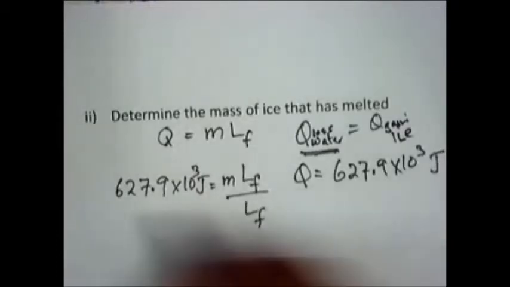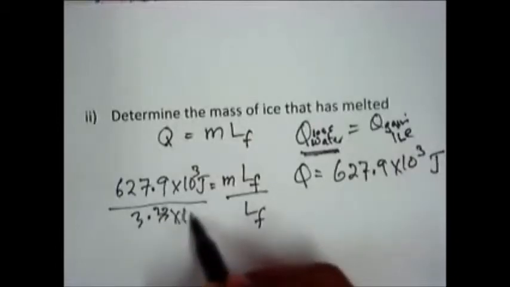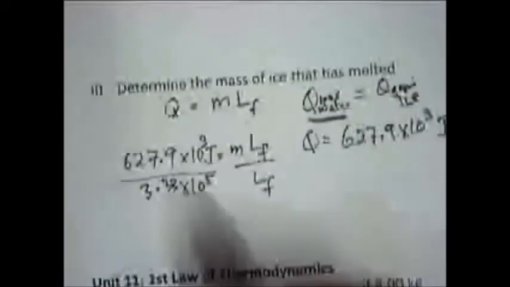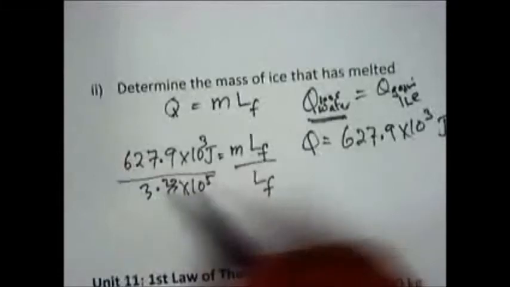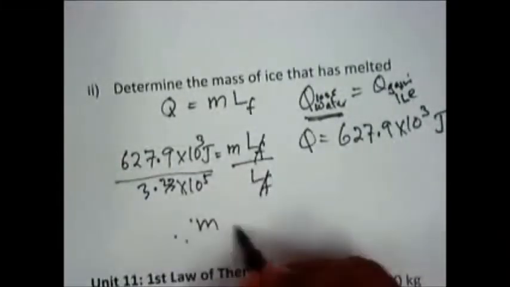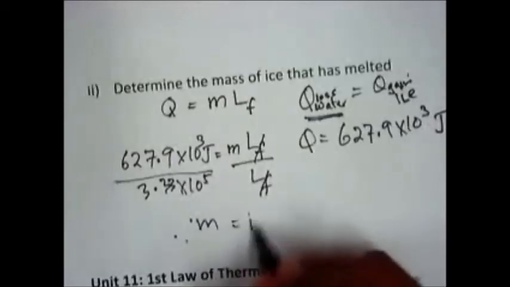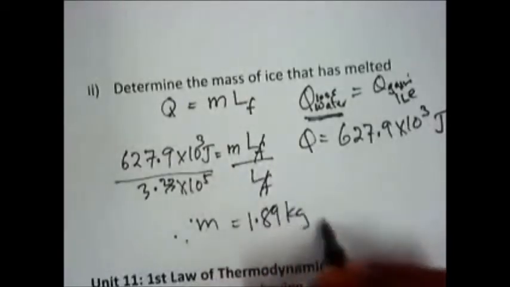You divide by L_F, which is 3.33 times 10 to the power 5. These two values divided together will give you your mass. Therefore your mass will be whatever answer you get there, and you get about 1.89 kg.